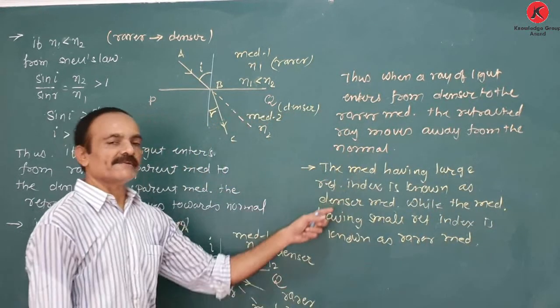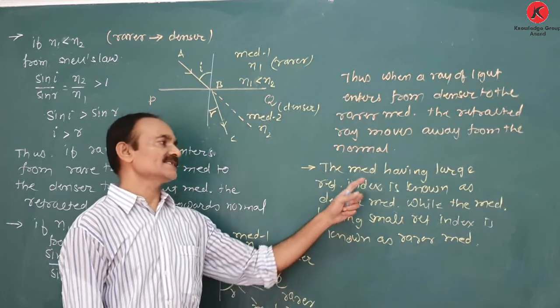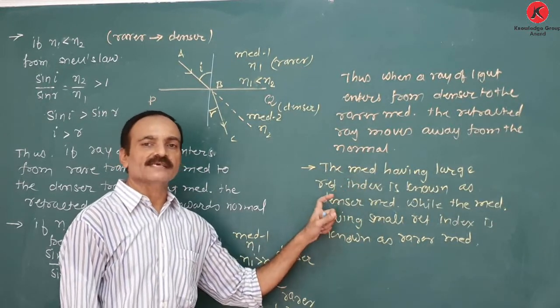So there are two types of medium, rare and denser. We can know this from the value of its refractive index.